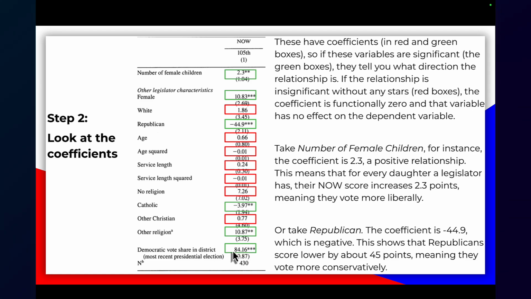You see how this is a positive number? So you want to pay attention here to the direction of this relationship. Is it a positive number, as is the case for number of female children, or is it a negative number like we saw for Republican here, negative 44.9, or Catholic, negative 3.97, where it decreased the score, okay?